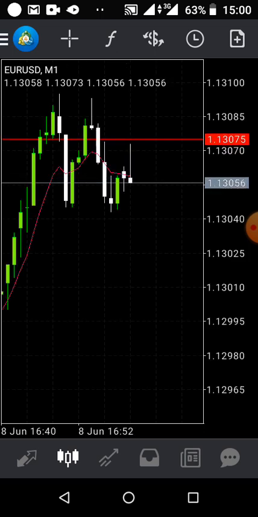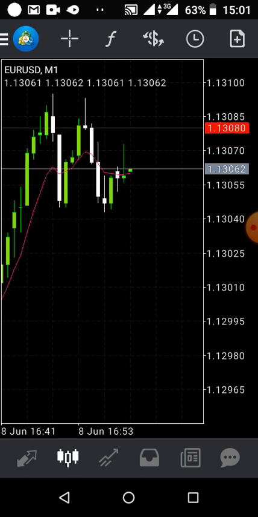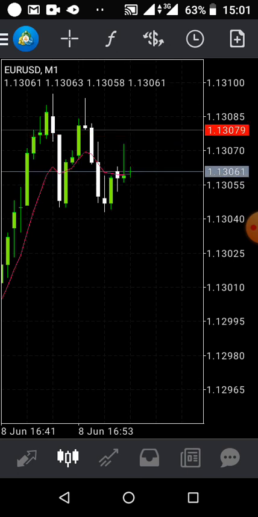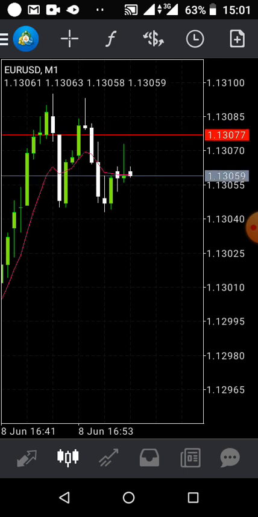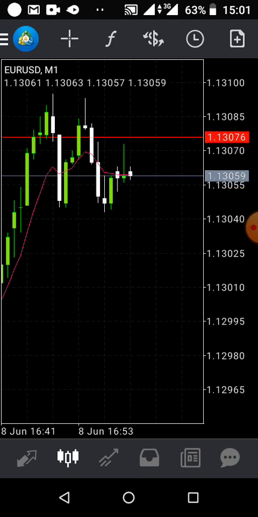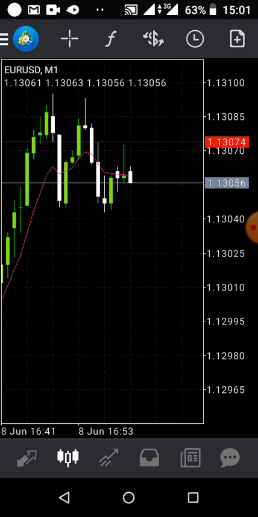You can just observe it here. You can see that candle just closed and another one just opened. In the next 1 minute, this current one running now will also close, either bullish or bearish, and then another one will open. You can just observe that.